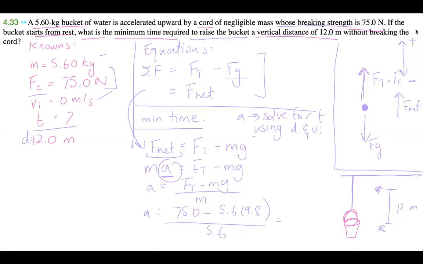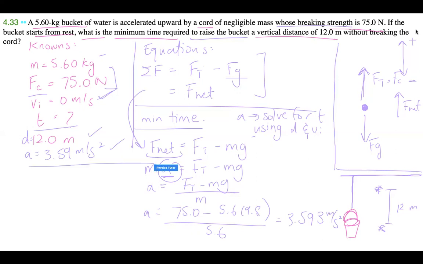Okay, so the acceleration I'm getting is 3.593 meters per second squared, right? So that is what I'm getting for the acceleration. And now that we have acceleration, what we can do is use acceleration, use distance or displacement, and use VI to solve for T. And how are we going to do that?